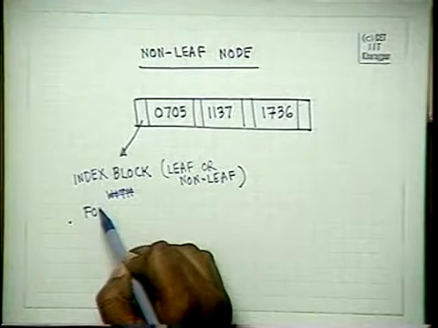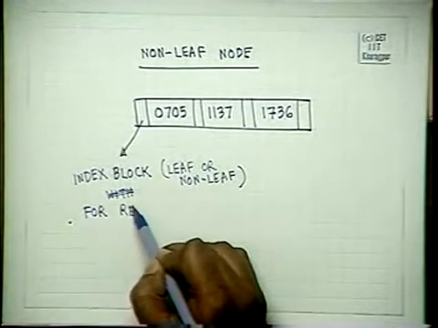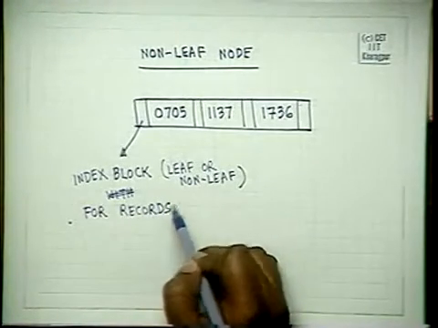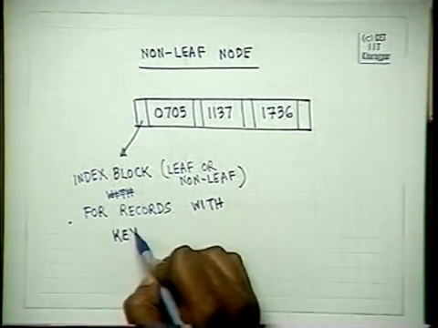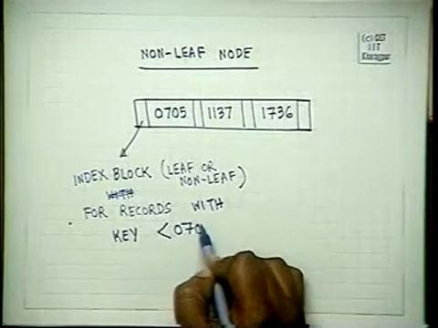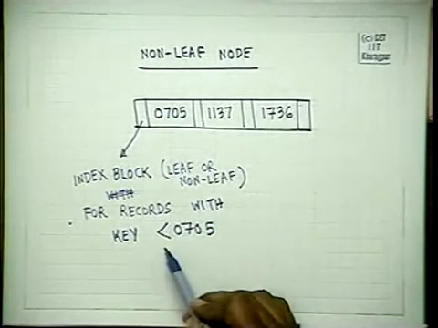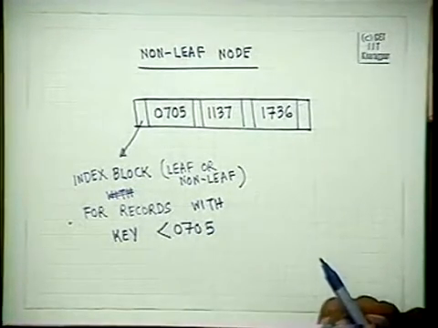For records with key less than 0705, that is our convention. You can take less than or equal to also, but you have to take a common convention.